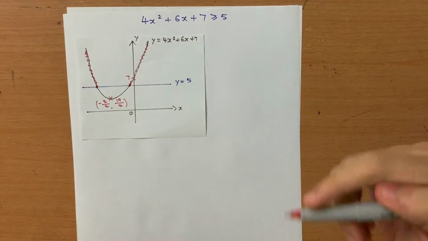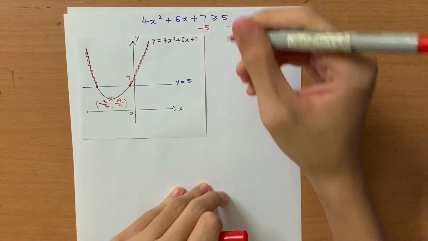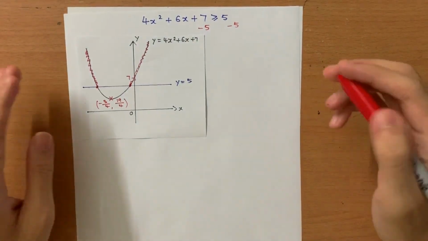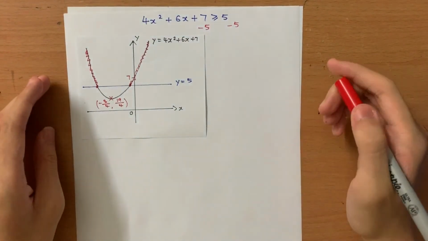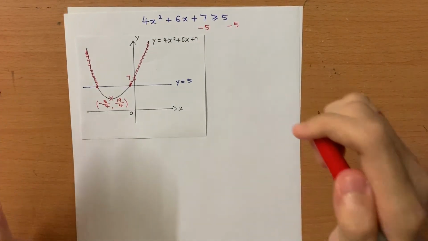First of all, let's just minus 5 on both sides. What this does to the graph is that both the curve and the line will translate downwards by 5 grids or squares.